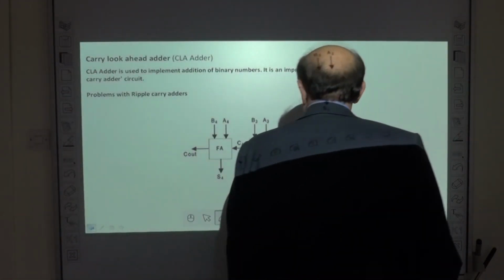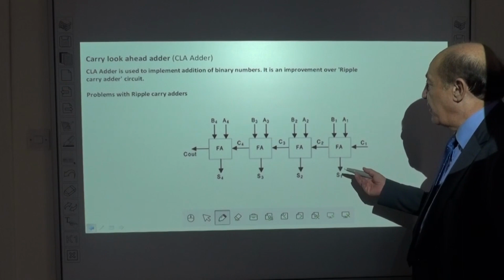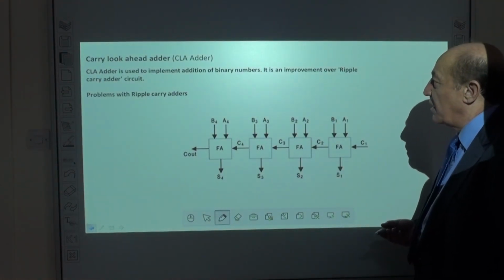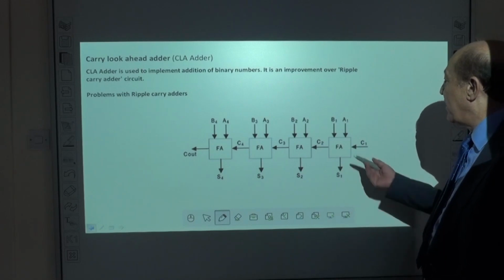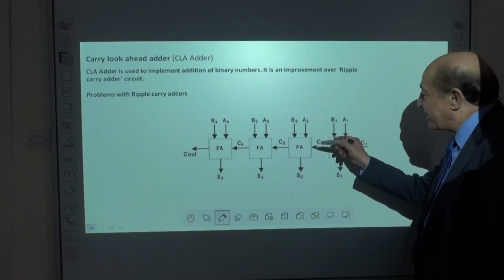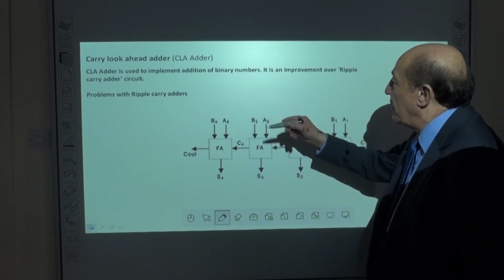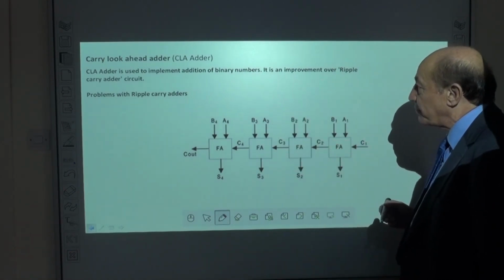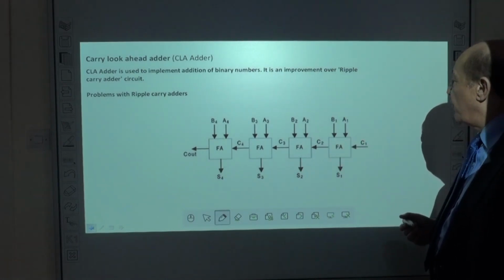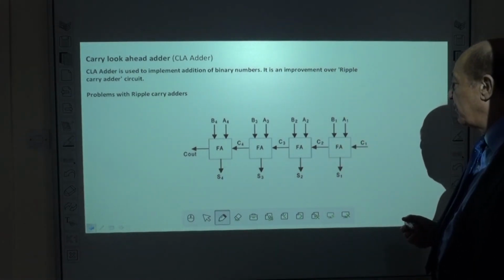Look ahead, carry look ahead adder. I will draw the 4-bit binary parallel adder, also called ripple carry adder. Ripple carry adder because it ripples the carry from one stage to another. What are the problems of the ripple carry adder?